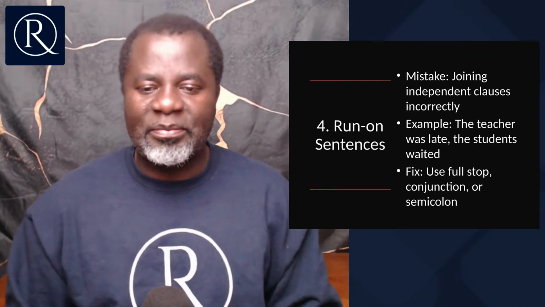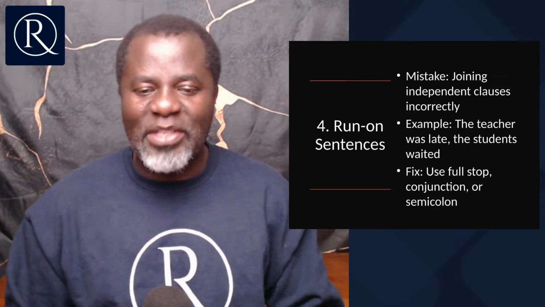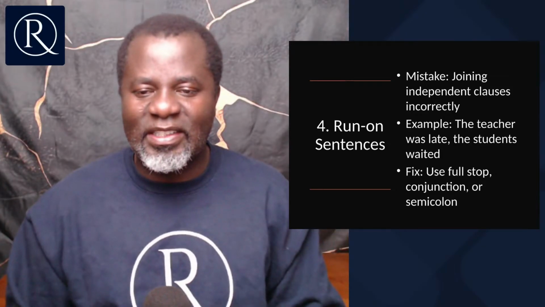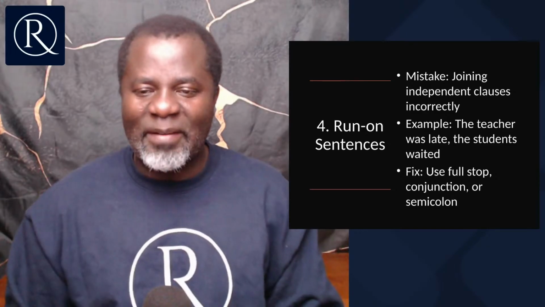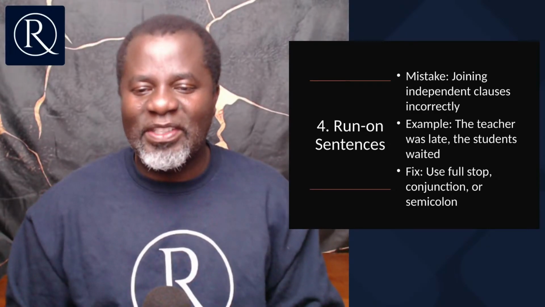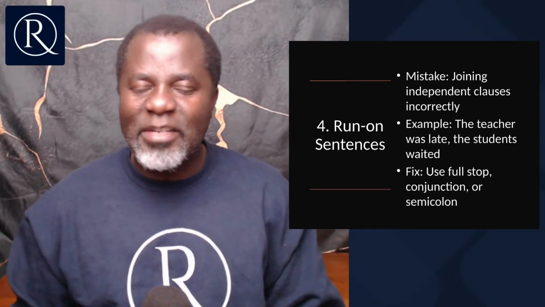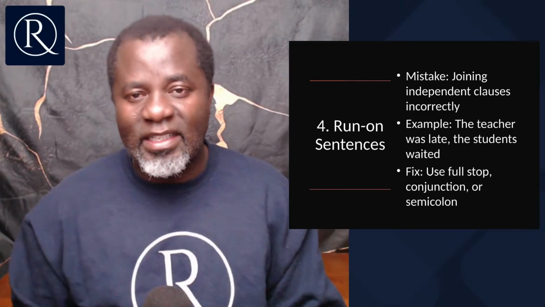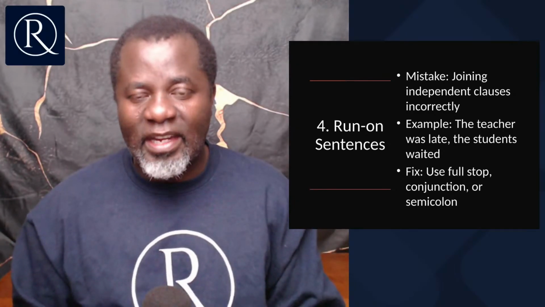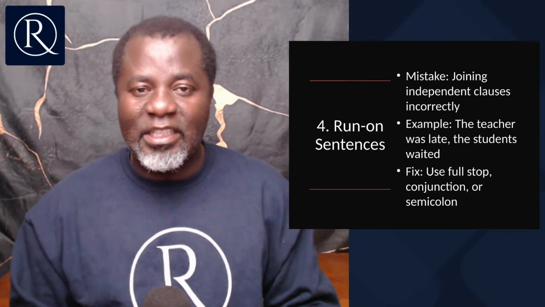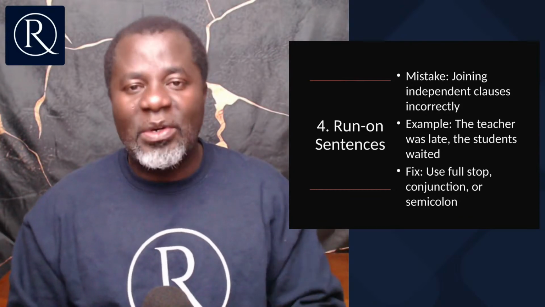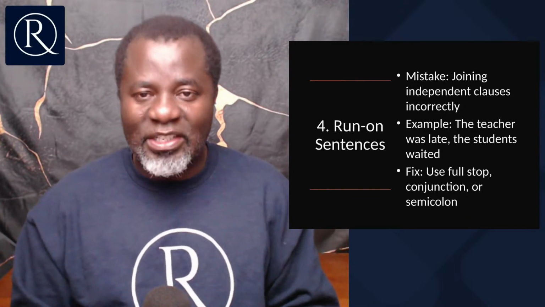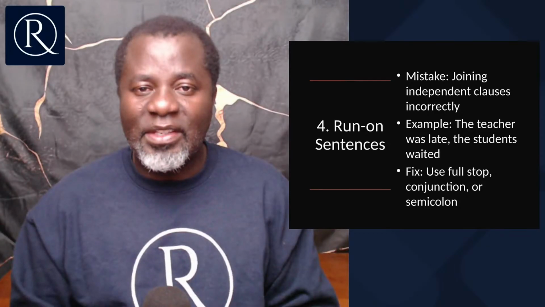Number 4, run-on sentences. Mistake number 4 is run-on sentences. How does the mistake come in? Joining independent clauses incorrectly. Now, an independent clause essentially is a sentence. Okay? An independent clause is essentially a sentence. So how do you connect those? It's very important.